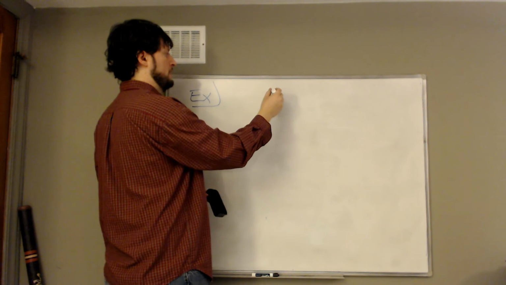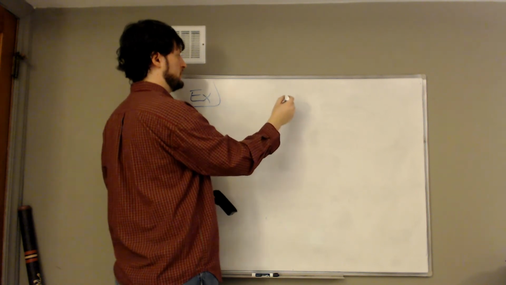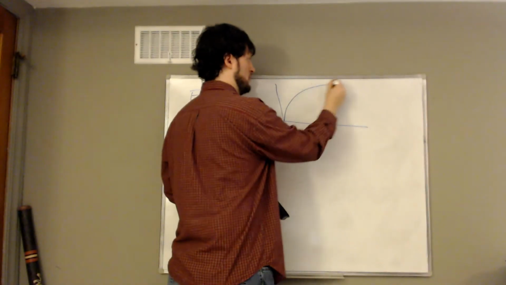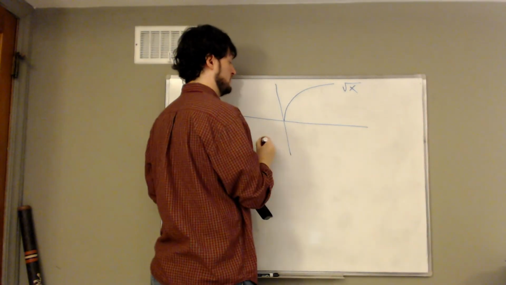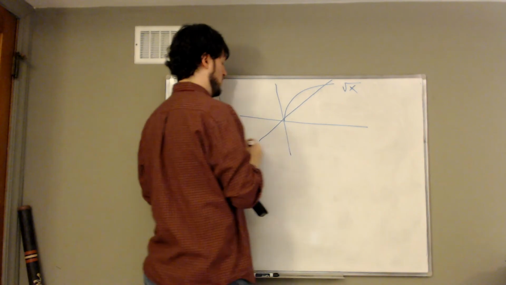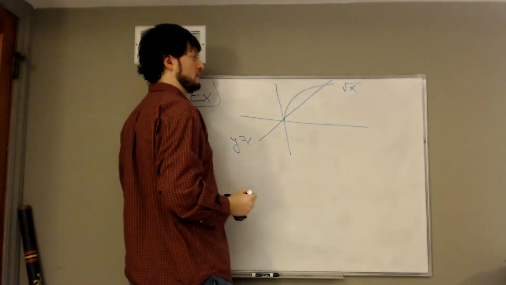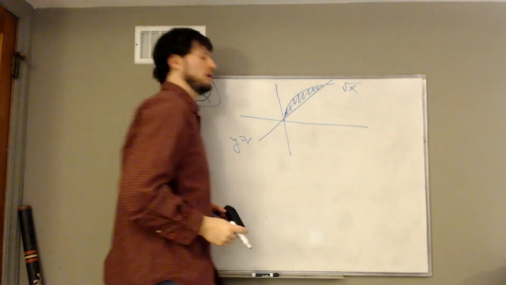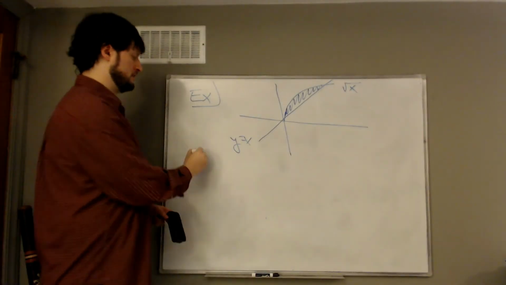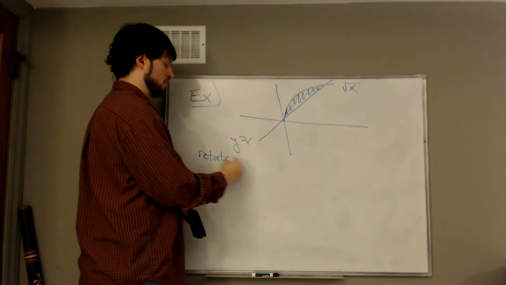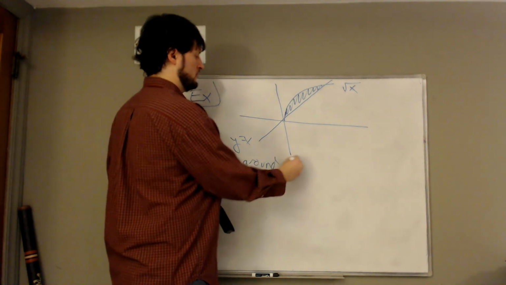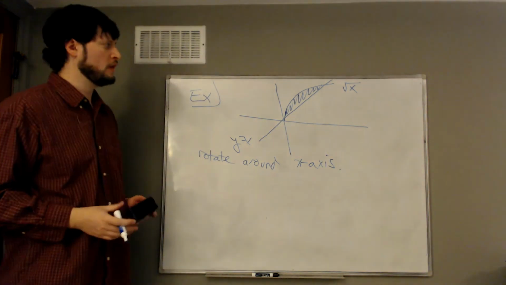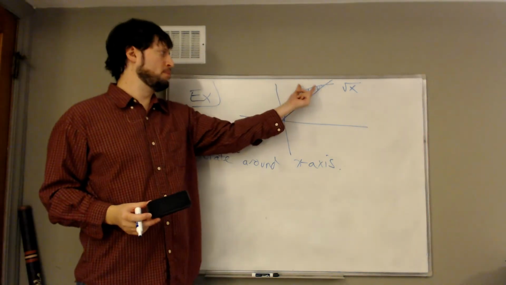Okay, so how about something that looks like this? Let's go with square root of x still, and let's go with y equals x. And now I'm going to rotate this region around the x-axis. What we're going to get is sort of a bowl shape.